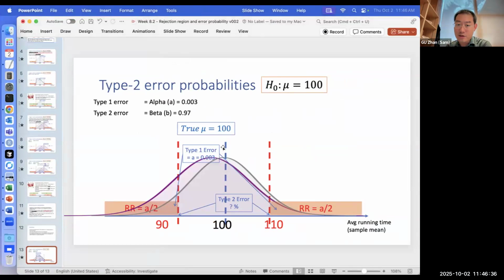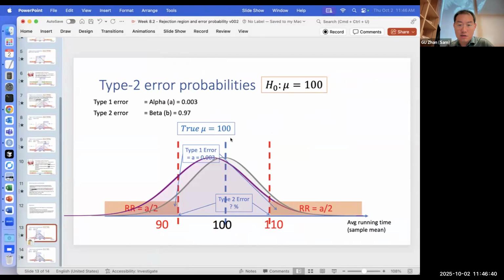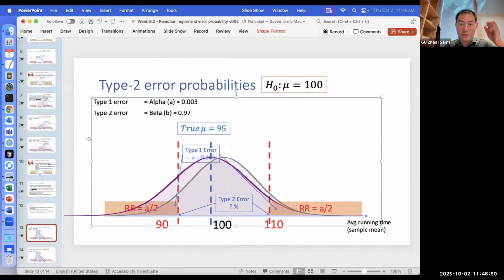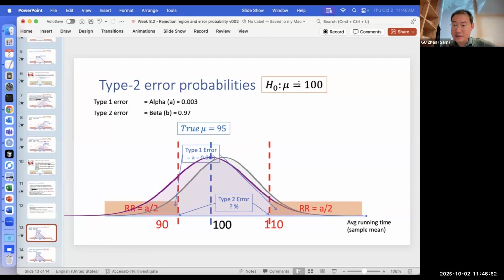The purple curve is where the true mean equals 95. When it's 95, it's different from the null hypothesis, and we want to calculate the area under the curve outside of the rejection region. So that is your type 2 error.